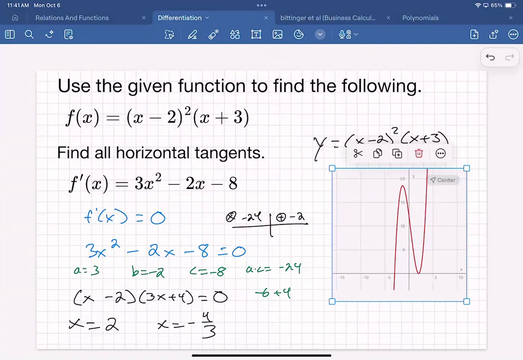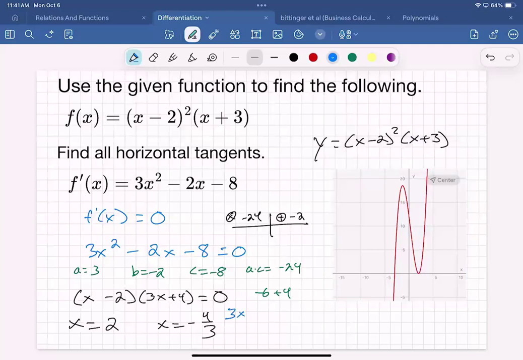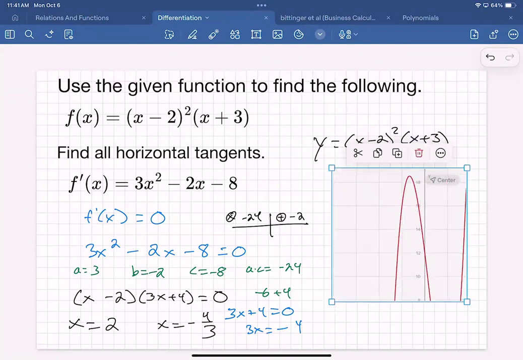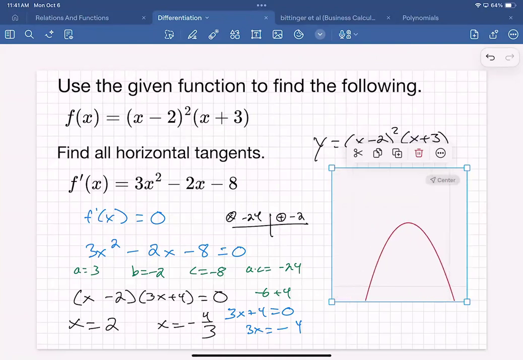Adding or subtracting the 4 from both sides. So remember here, we set each of these equal to 0. When we subtract the 4 from both sides, it makes it -4, and then we divide by 3. Now, if I zoom into this piece here, I know we can't see the x-axis.